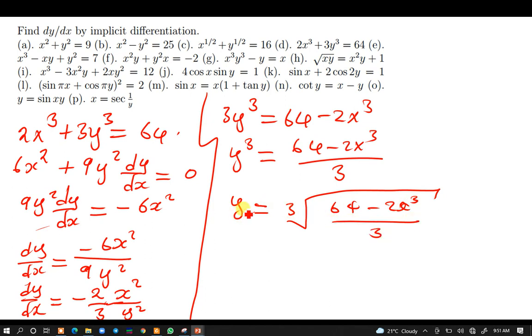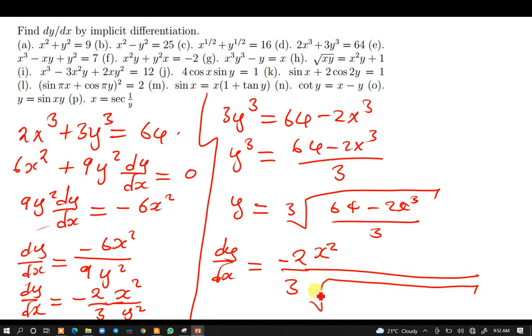So now this part is what we're going to replace where there's y here. So we're going to have dy dx as negative 2 over 3, then negative 2x squared, then over 3 times the cube root of 64 minus 2x to the power 3, then everything over 3.